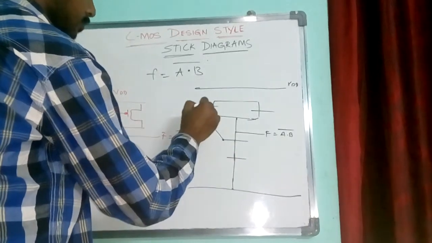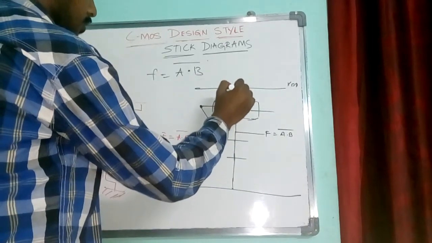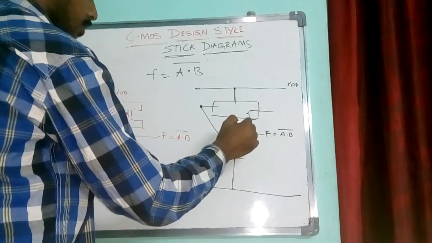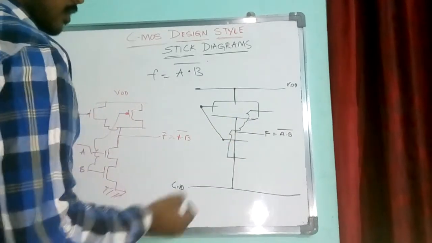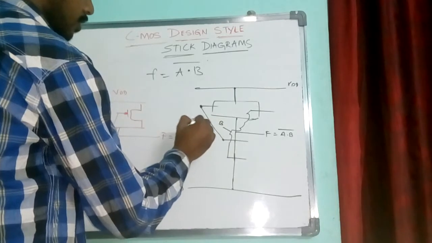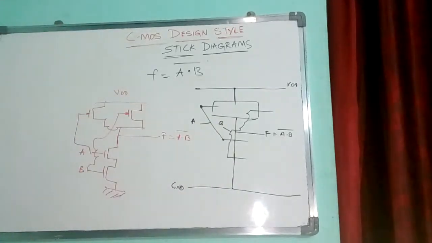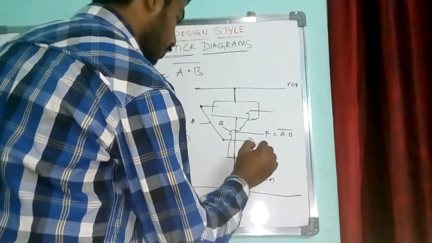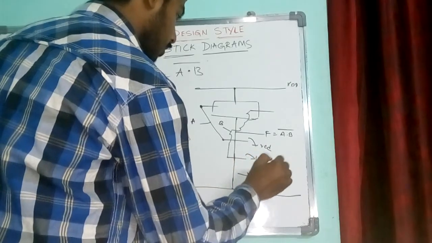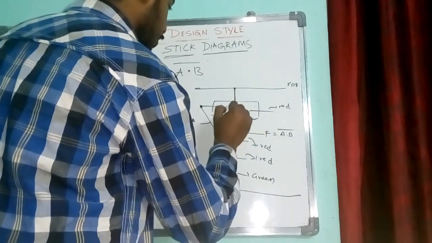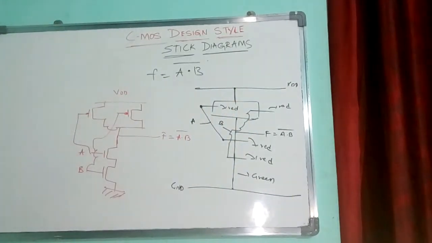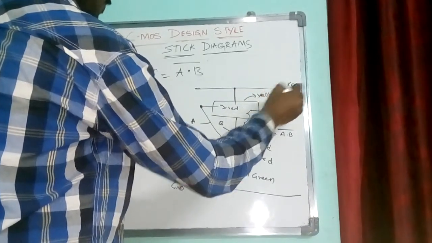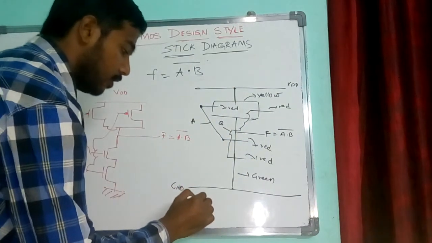These both are connected, and this is connected to B, this is connected to A. Again the same coloring: this is green color, these are red color, this part is yellow, and this is blue color.